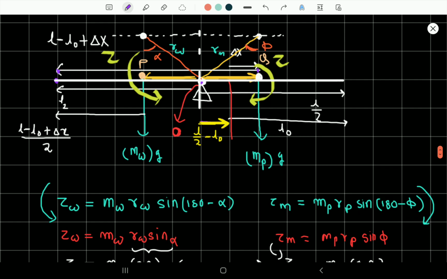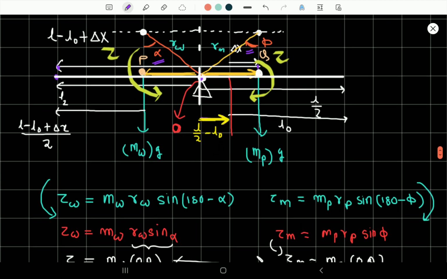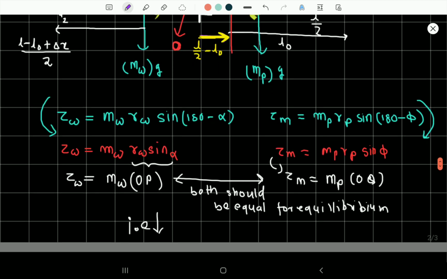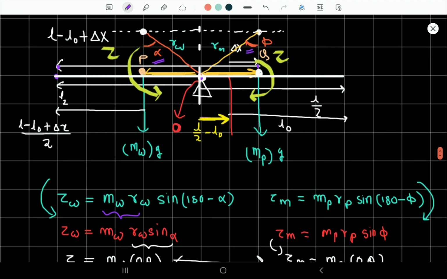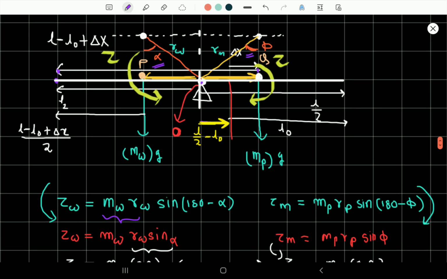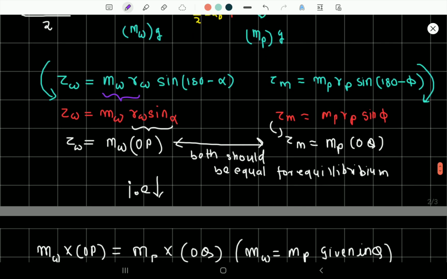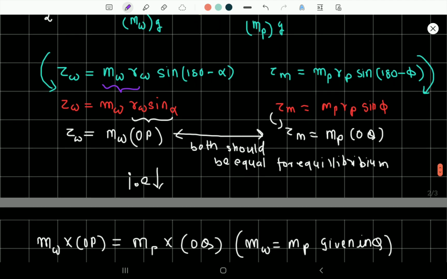So let us say that this angle is alpha and this angle is phi, and it would produce a net equal torque, so that no rotation of the system would occur. So here we can write torque due to water is MW RW. Now what is RW? This distance is RW. You need to consider the triangles O P COM W and O Q COM P. Now considering both of these triangles, we can write torque due to water, tau W, as MW RW sin alpha.